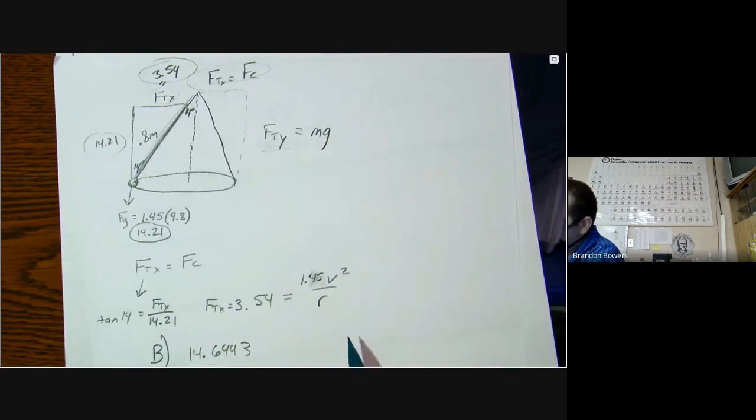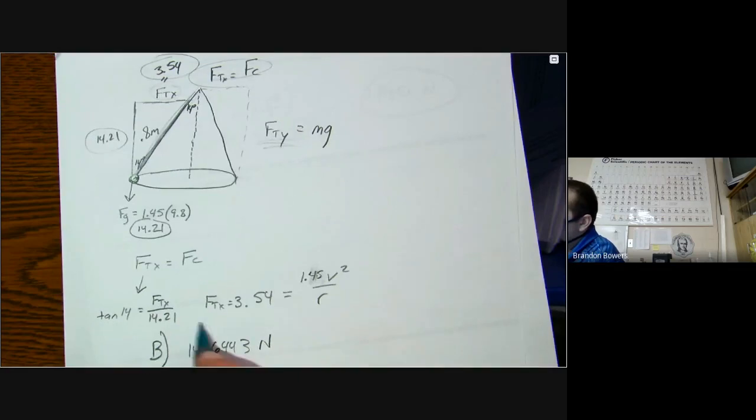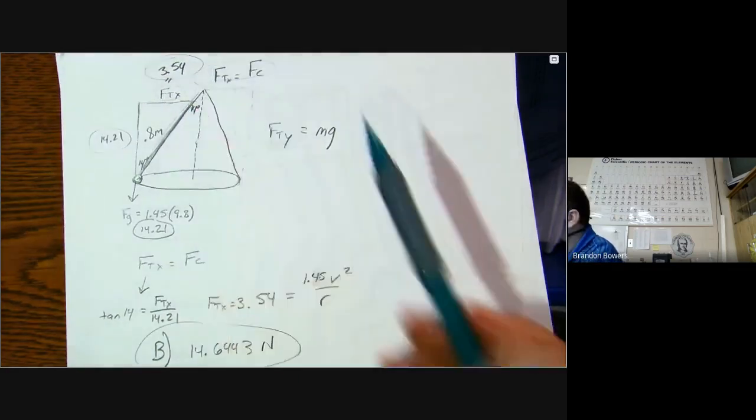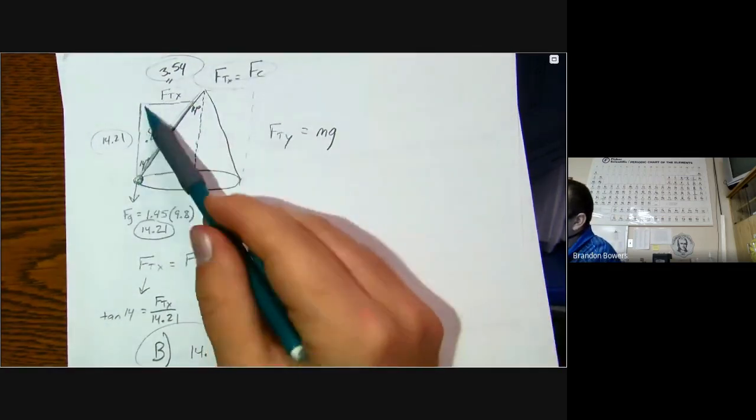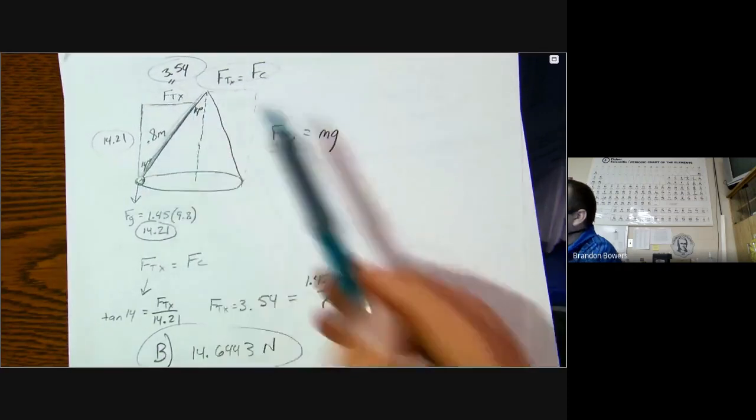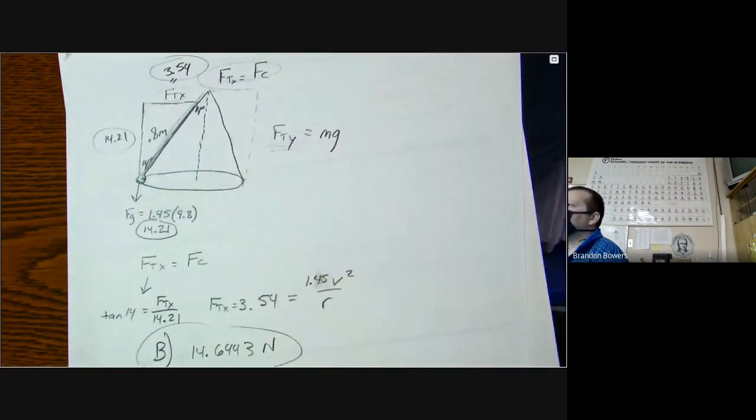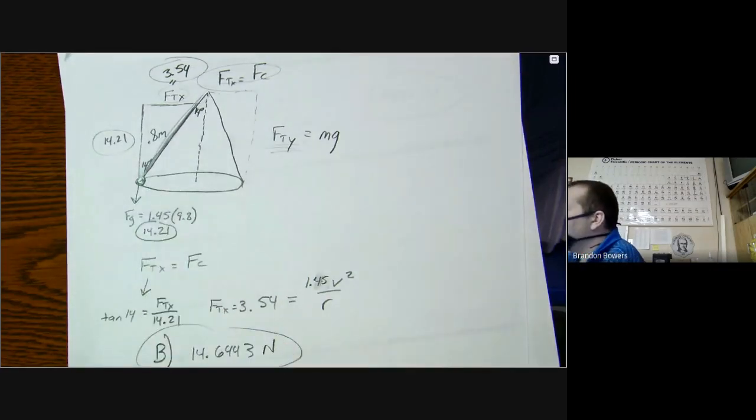Okay. So that's the force of tension on the string. So we had to find our y, we had to find our x. Did we have to find our y and x? No, we could have found one of them since we know the angle, right? But we do need our x for the second part. So that's how you do B.